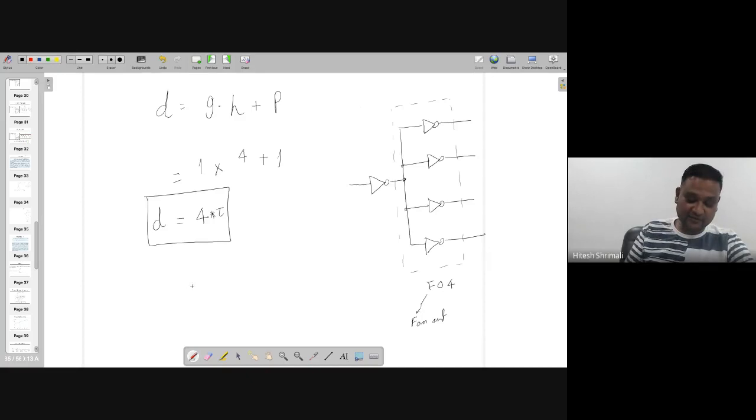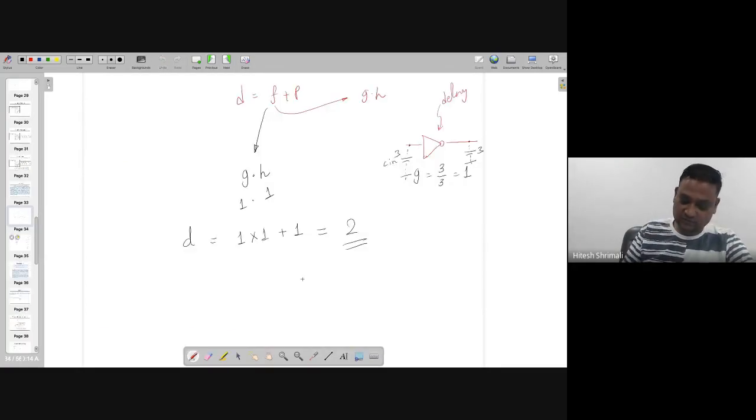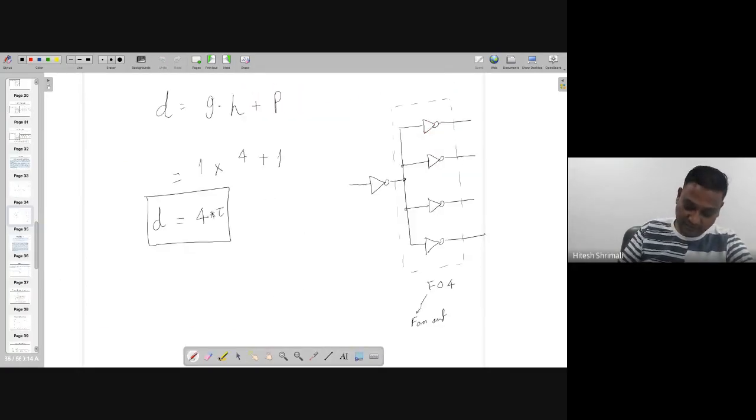So generally when a designer starts doing the design, he looks at the time constant of a simple inverter. In this case, it is already given to you, that's equal to 3 picosecond, right? Here I made one mistake. It has to be 5, because 4 plus 1 make 5.